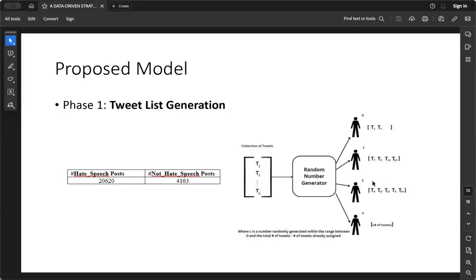As you can see in the figure here, we took the entire collection of tweets, which was both hate speech as well as not hate speech. And then we utilized a random number generator to come up with a random number, and that many tweets were assigned to each user on my platform. So this helped me to come up with the different tweets that each user has made in a social network, and this information was utilized in phase two to come up with the HSP rank, or initial rank, of each of the users.